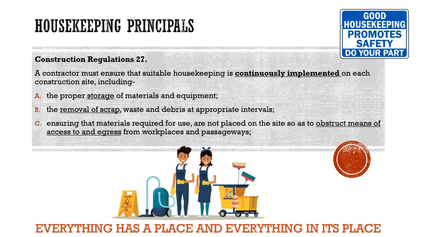So materials, tools, equipment, especially chemicals, must be placed in an area that has been designated, that is safe, and also kept out of reach of those who might be in danger of coming into contact with this risk. So the proper storage of materials and equipment may mean that you need to have a storage unit.